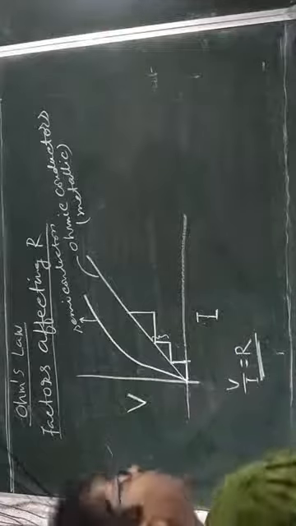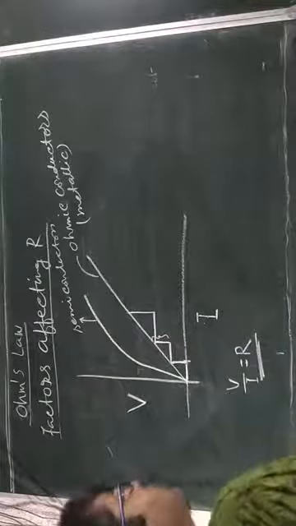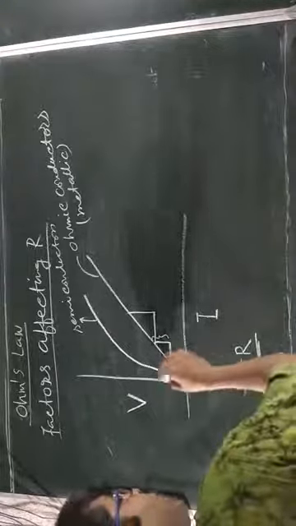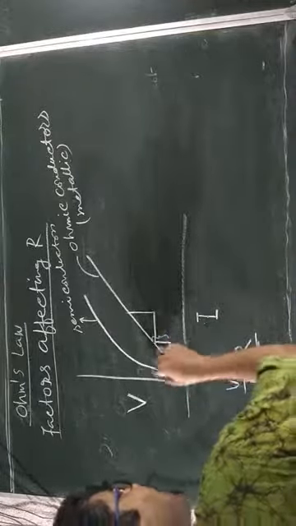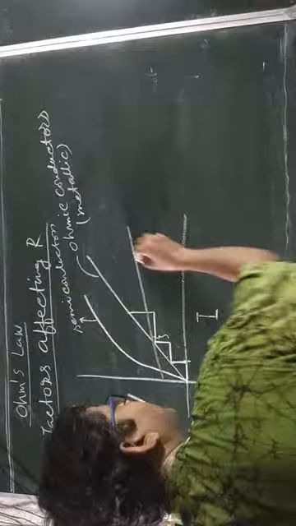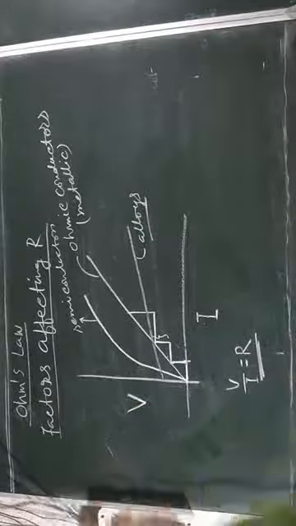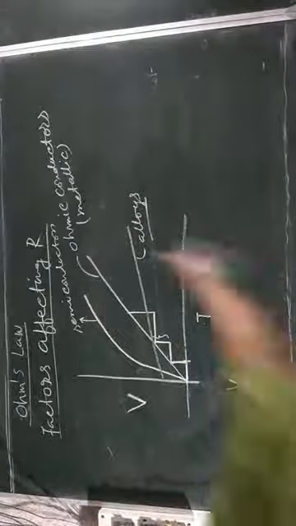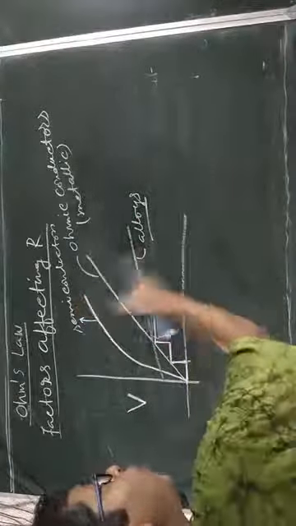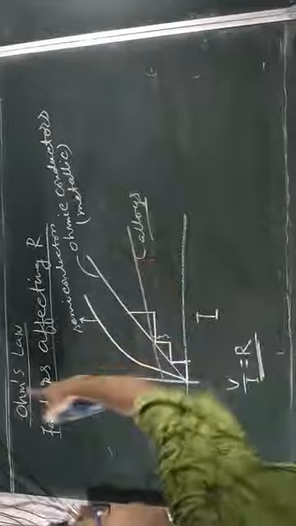And in the case of certain alloys, it has a certain value of resistance, and that value almost remains the same. Alloys. These two are called non-ohmic conductors because they do not follow Ohm's law.